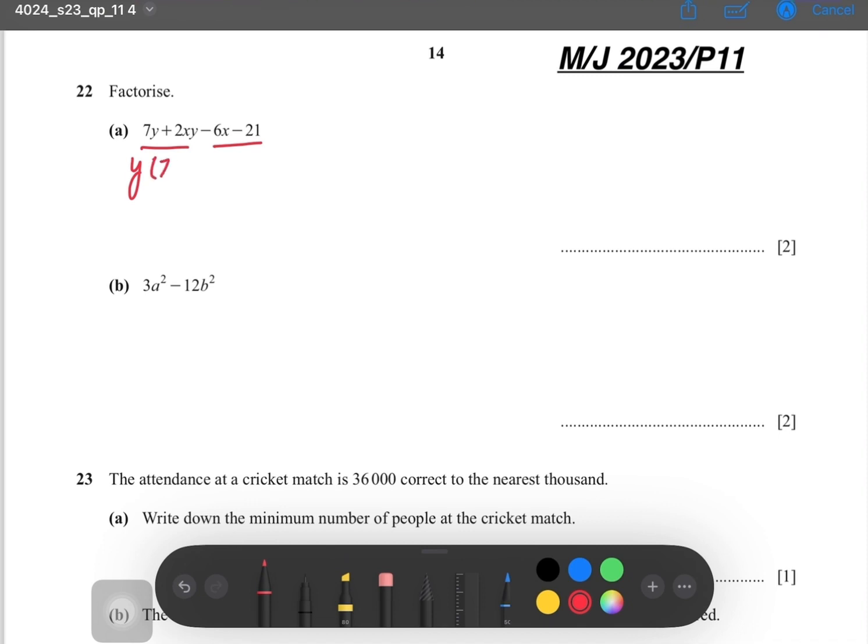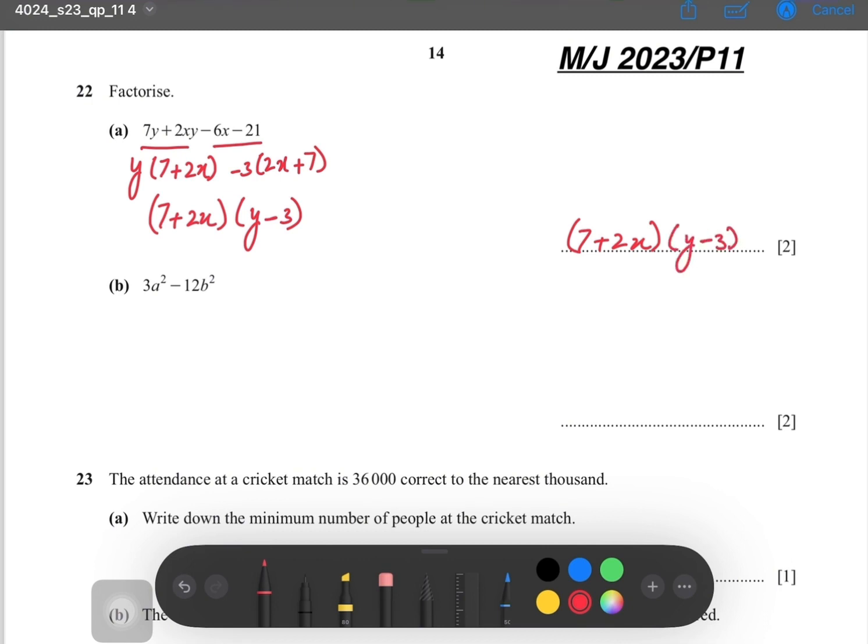Remaining term is 7 plus 2x, minus 3, 2x plus 7. So the first factor is 7 plus 2x and the second factor is y minus 3. So the final answer is 7 plus 2x and y minus 3.